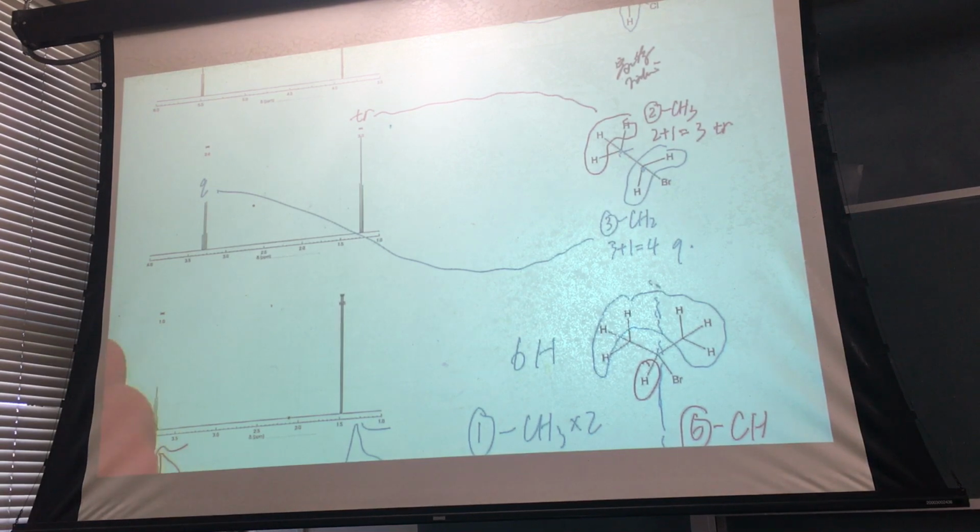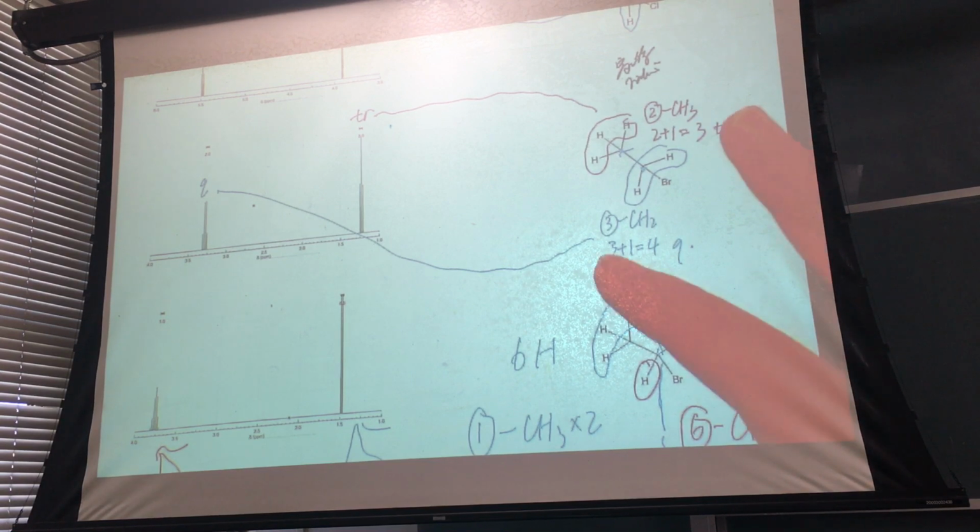So this is the easy interpretation of which peak corresponds to which set of hydrogen. In the future, you are going to learn something more complicated, and this is the basic skill you need to interpret NMR spectra. Okay, so practice on the discussion manual one.